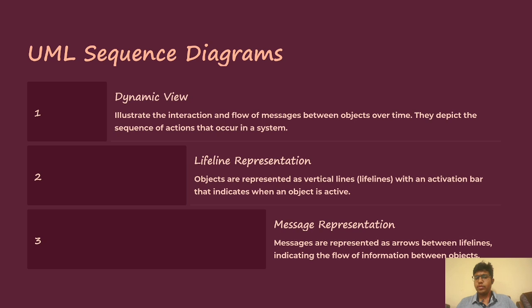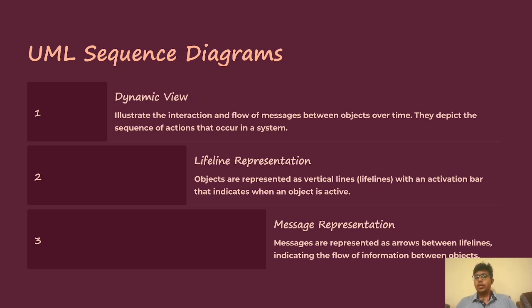UML sequence diagram: dynamic view, lifeline representation, message representation. They illustrate the interaction and flow of messages between objects over time. They represent the sequence of actions that occur in the system.